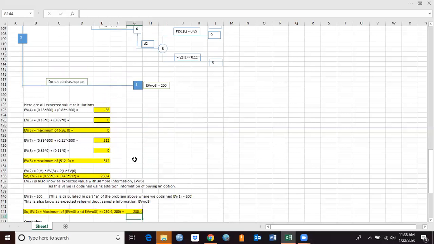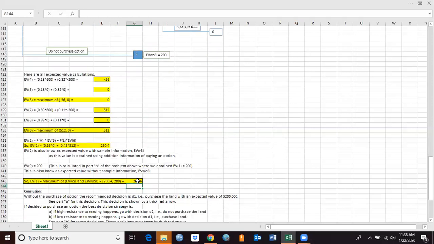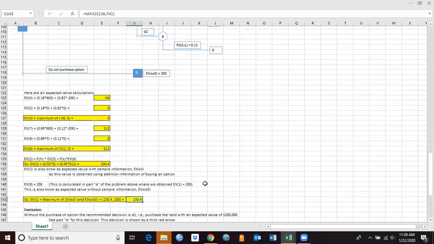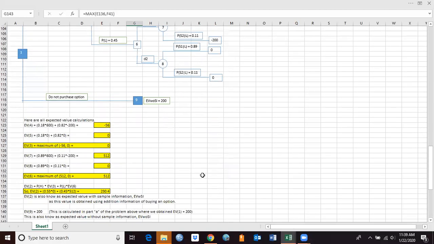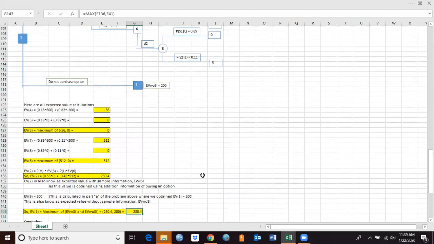So it's going to give you 230k. What does that mean? Well, that means that I'm going to choose this particular option to buy the option to learn more about the market information, because expected value is higher here. It's higher by $30.4 thousand. Okay, that's pretty high.